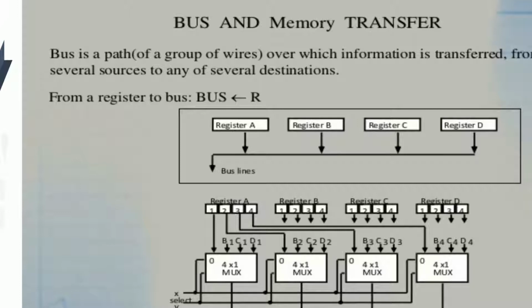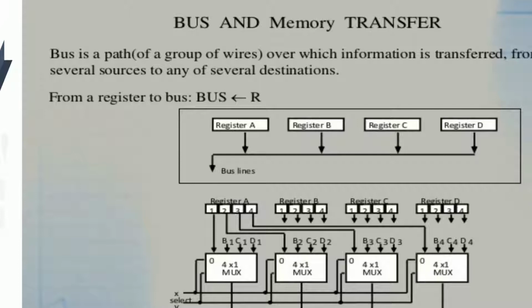These 4 registers will be connected to the bus, and inside this bus it has multiplexers. Already we know what a multiplexer is. A multiplexer is nothing but taking multiple inputs and giving one output.